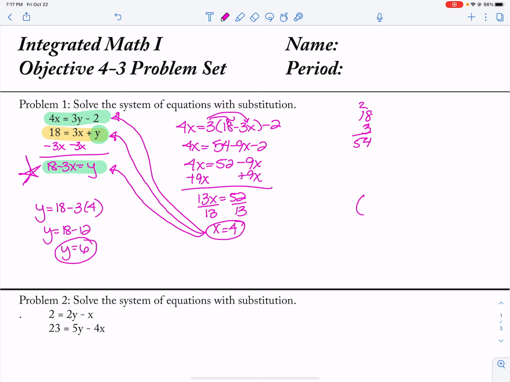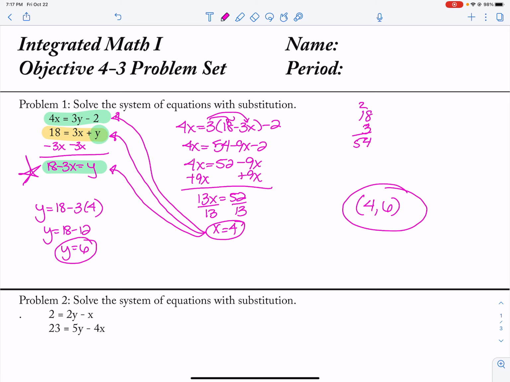I want these in coordinate point form. I don't want them just as an x equals and a y equals, because it's very important to me that you understand that this is the intersection of two equations, and they intersect at a coordinate point. It's really important that you understand that.